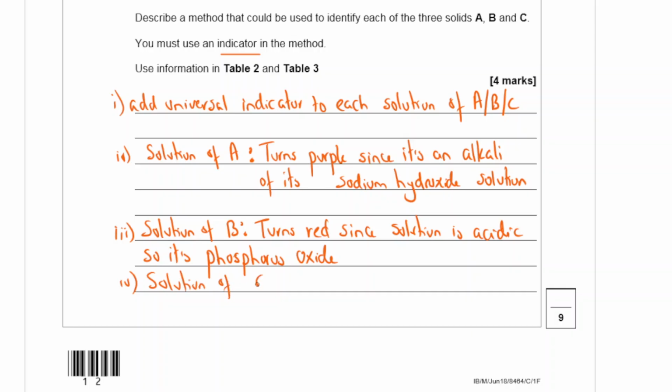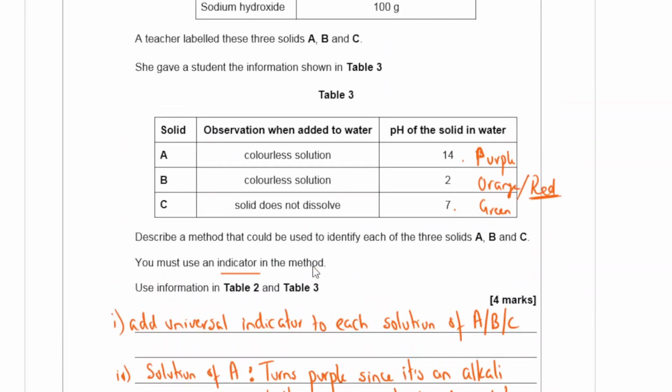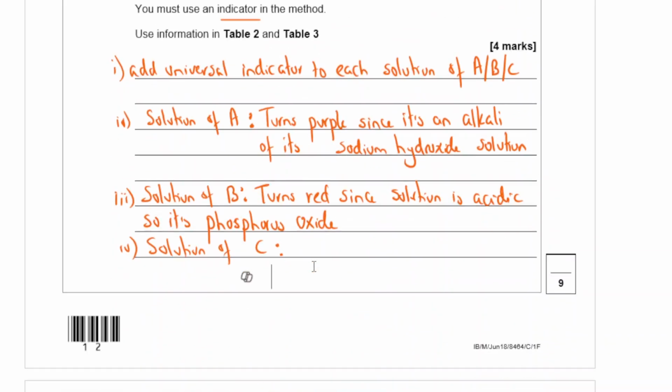Solution of C is 7. The pH is 7. Solid does not dissolve.